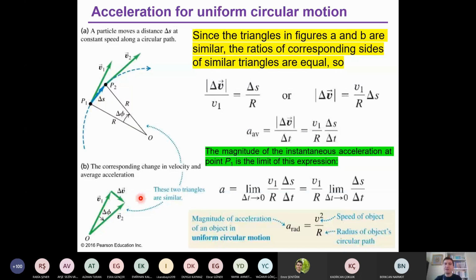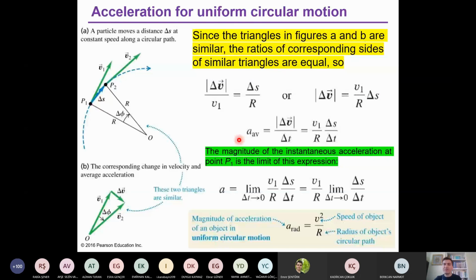By using the ratios of corresponding sides of similar triangles, then I can get this relation, delta V over V1 is equal to delta S over R. Okay, then if I take delta V from this equation, then finally I can get this relation, V1 over R times delta S. So what is average acceleration?